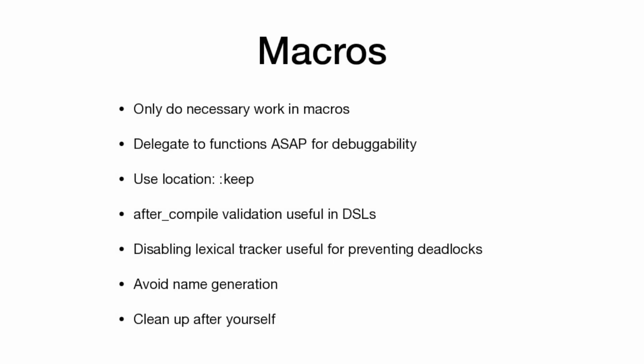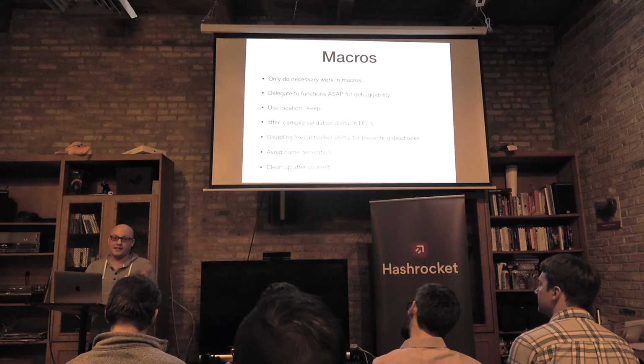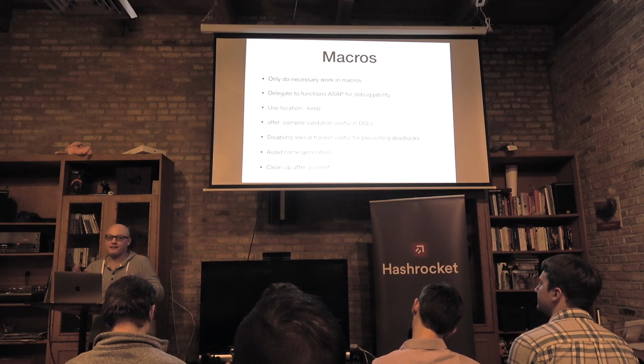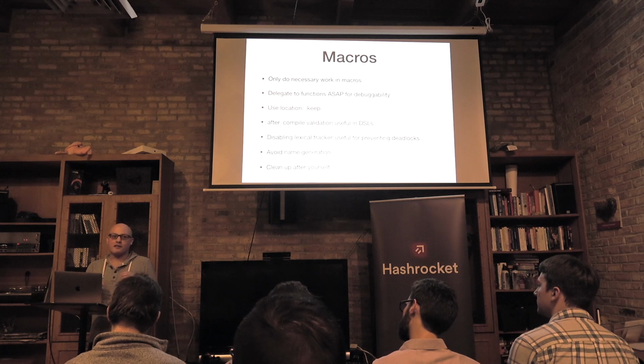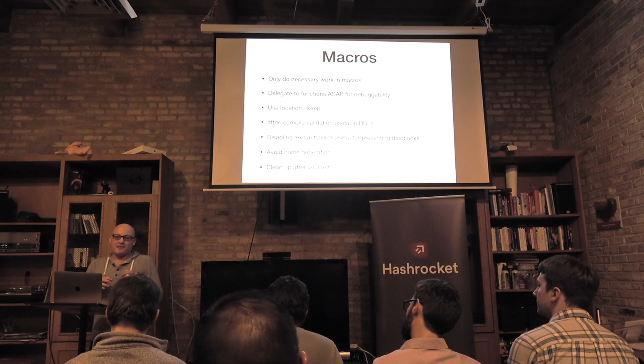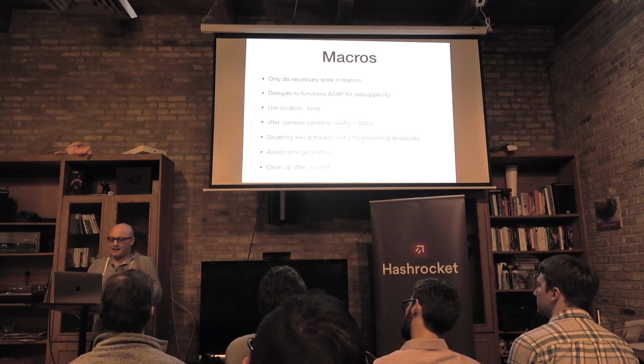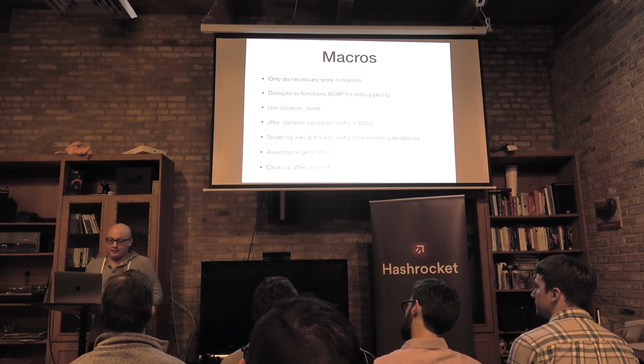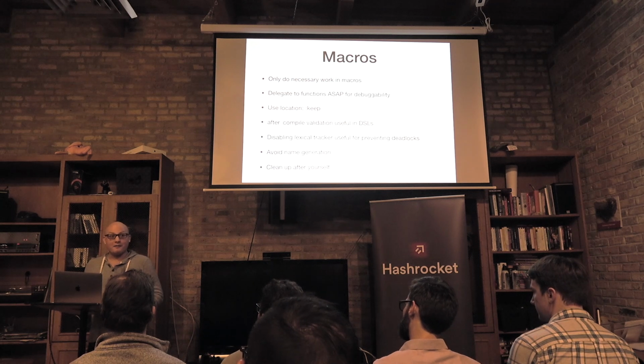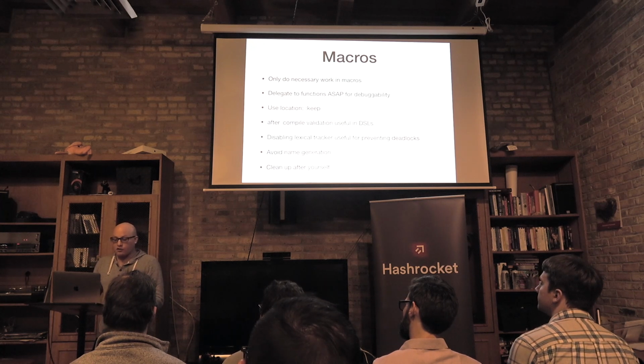Also in macros, avoid name generation. If you have a name for a module somewhere, I should be able to find that somewhere in your code. It shouldn't just come out of the ether. You shouldn't be concatenating parts of strings and converting them to modules and atoms. And I've seen some really bad stuff. There are some web frameworks that we use in Elixir that occasionally do some dirty things, but usually you don't have to do that.